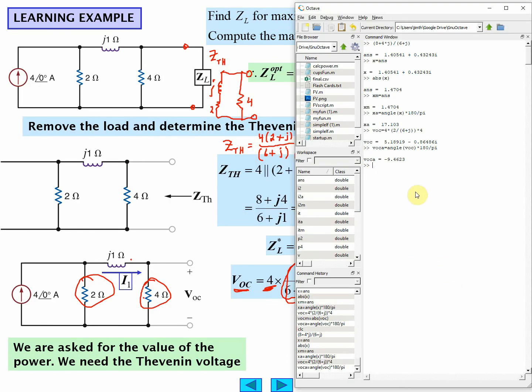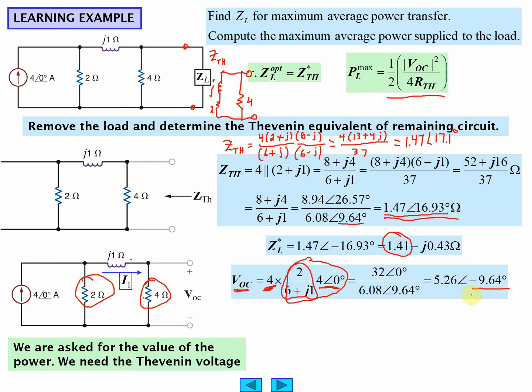I didn't get the absolute value of VOC, so let's get that. VOCM. The nomenclature: A for angle, M for magnitude, equals absolute value of VOC. 5.26. There we go, 5.26.